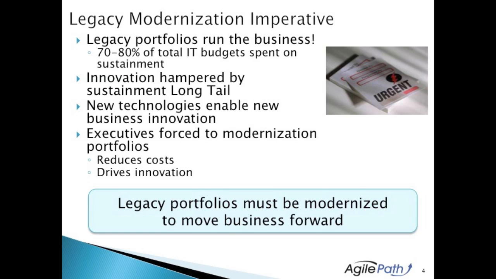These portfolios are inherited beasts with a lot of long-in-the-tooth applications. In some cases, CIOs have inherited them, and now they're just trying to survive the impact of these portfolios on their ability to make decisions. So that's a lot of words around some of the forces that are driving legacy portfolio modernization imperatives.